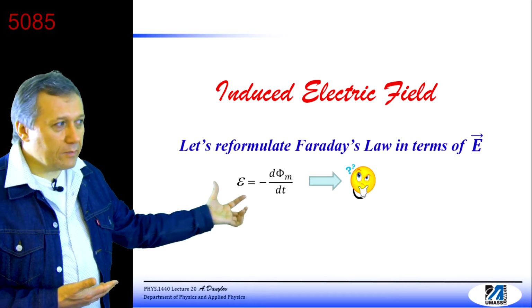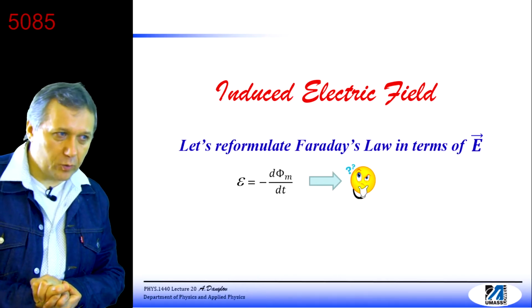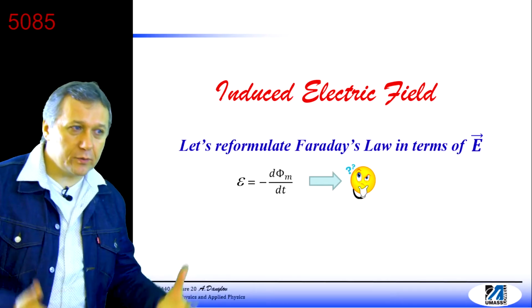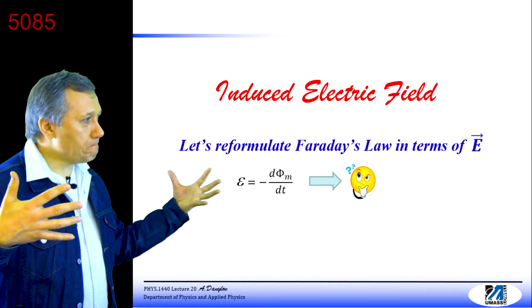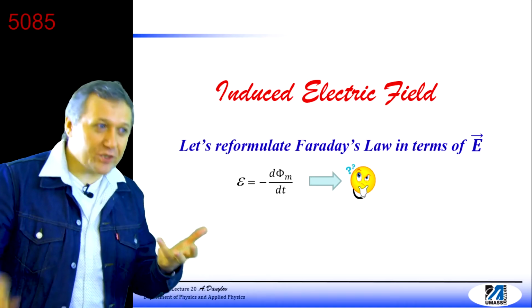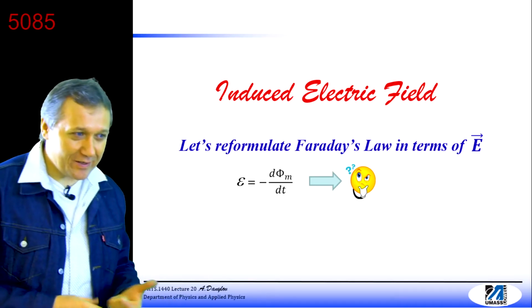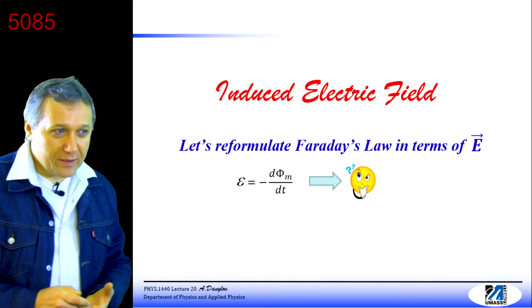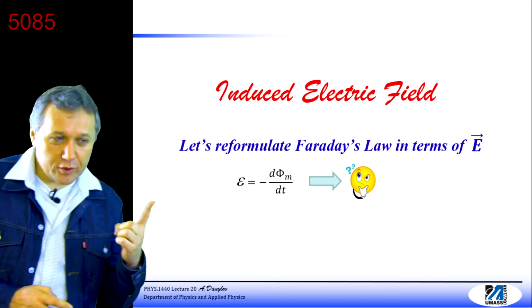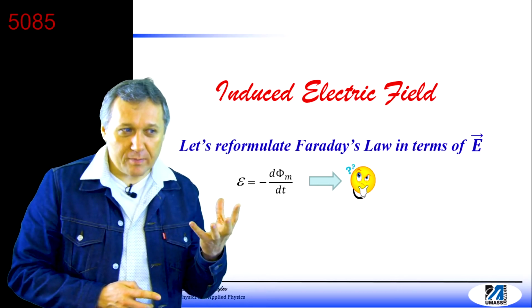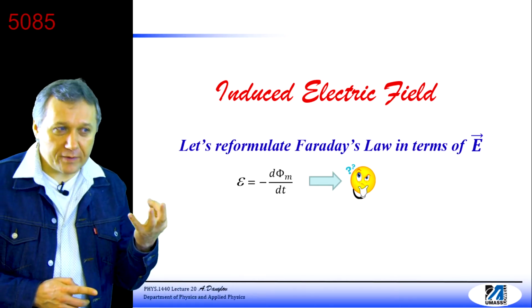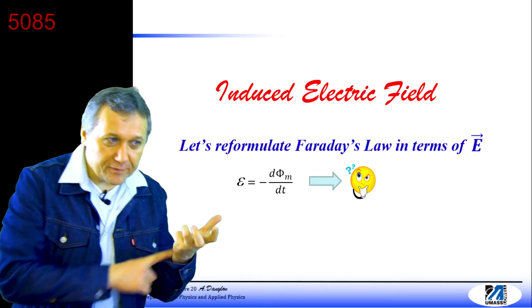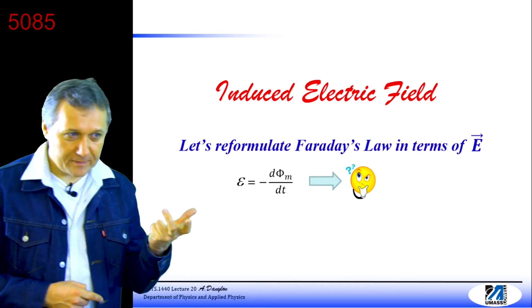Because EMF is a very practical quantity, but again, mainly used by technicians, engineers, and applied physicists, but not hardcore physicists. They usually use fundamental quantities. What do I mean by fundamental quantities? Electric field and magnetic field.